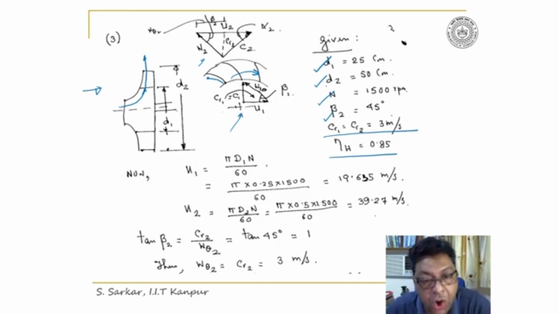First, I need to draw the velocity triangle. Look here, given C theta 1, the swirling component at inlet, is equal to 0.